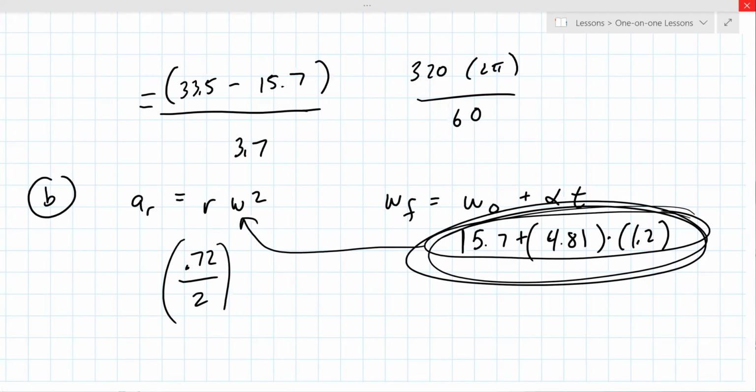What did you get over here for the one on the right? 21.42. And then did you square it and then multiply by 0.36? Squared it times 0.36. And you got 1659.74?